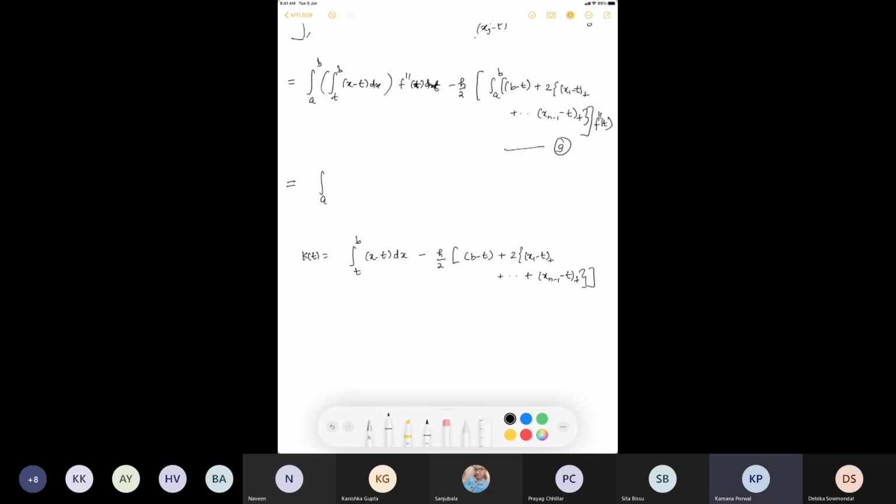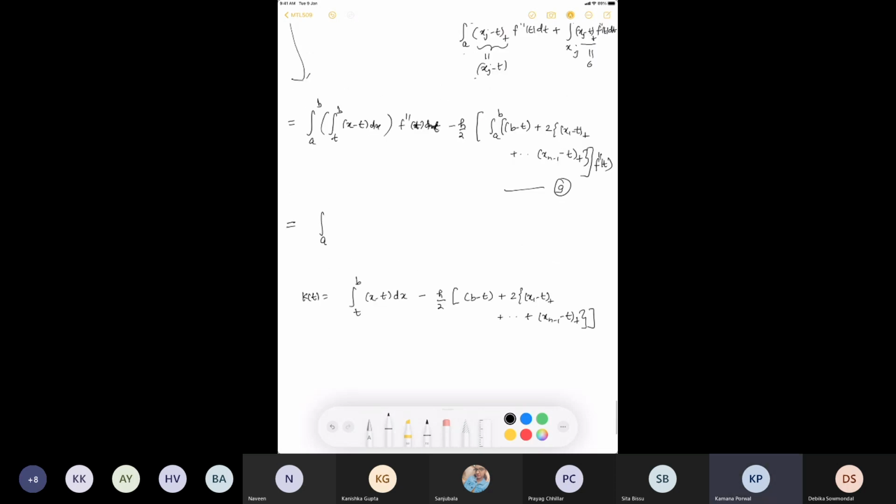This complete thing I'm calling k(t). So I can write my integral as the integral of k(t) times f double prime t dt.